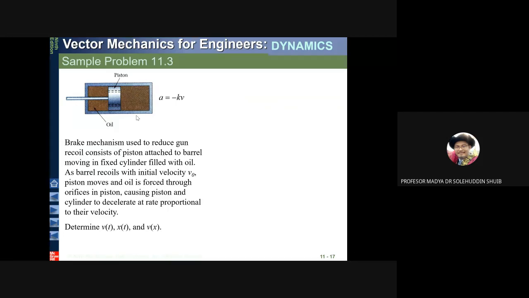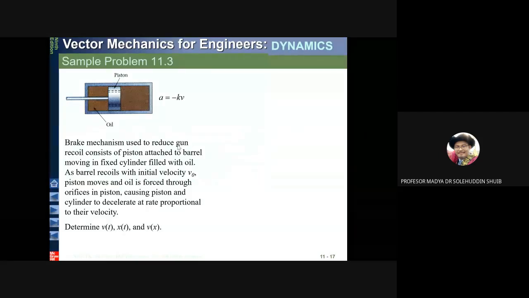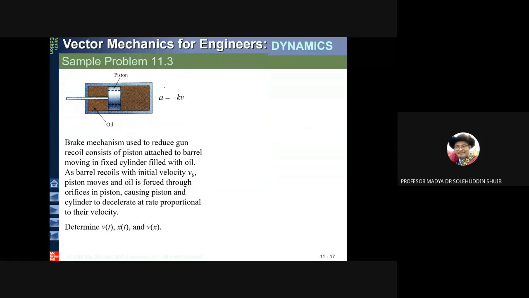We are referring to this example. This morning I have talked briefly about how to solve this problem. So in order for us to solve this problem, we have to solve it.